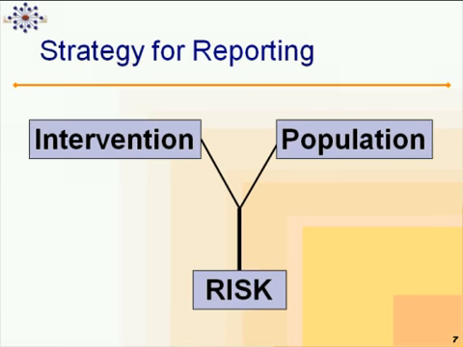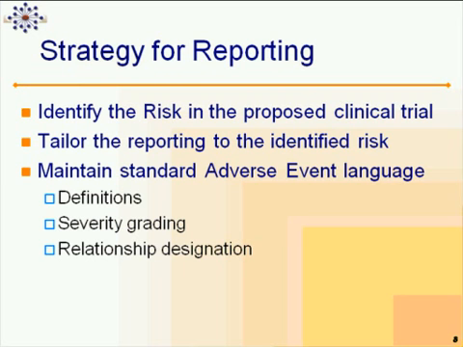It's this combination of the intervention coupled with the population that really identifies the anticipated risk for any given clinical trial. So when we think about strategies for reporting, we identify the risk in the proposed clinical trial, as was shown on the previous slide.